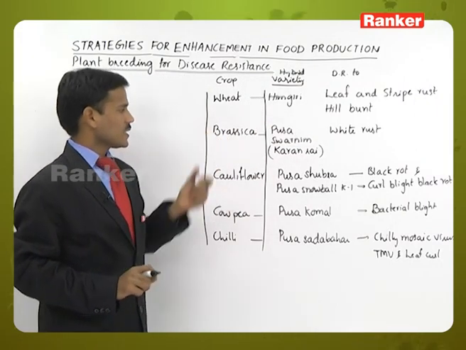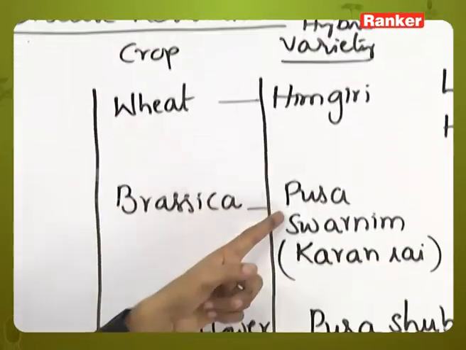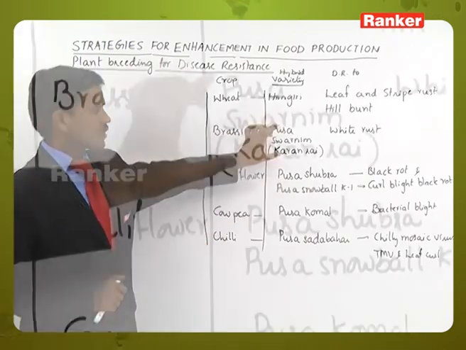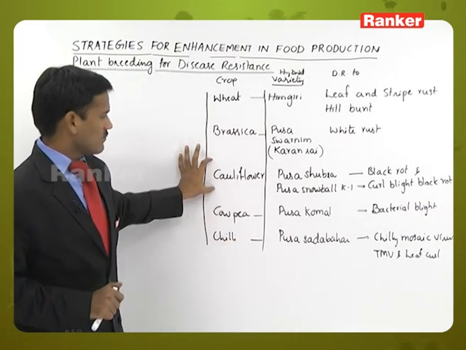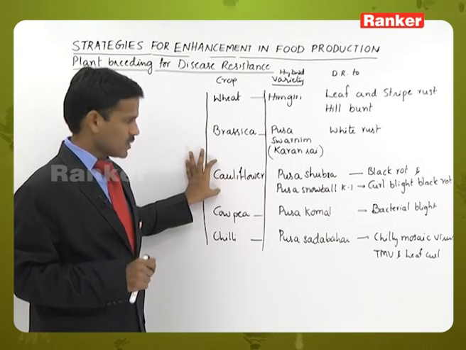Brassica, here mustard plants are also there. Mustard plant varieties Pusa Swarnim or Karanrai show resistance to white rust. And cauliflower is also a Brassicaceae family member.